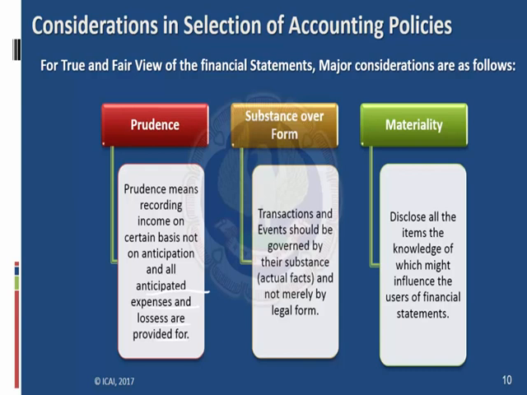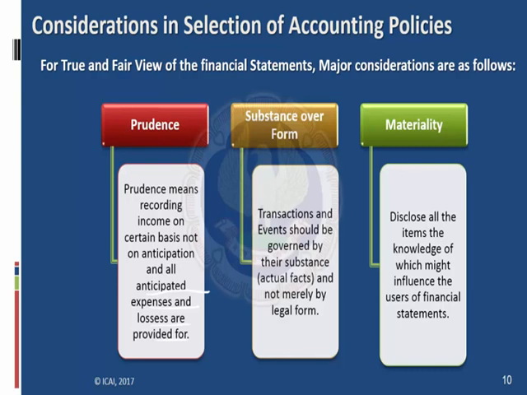If the entity had disclosed this fact, the interpretation of that user would be different from what he was interpreting earlier. So this is a material item, and all material items which can influence the decision of users regarding financial statements need to be disclosed.